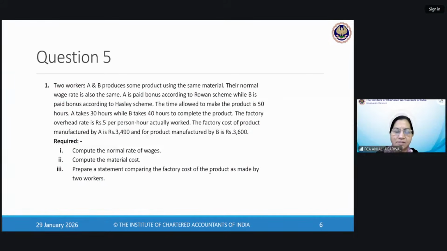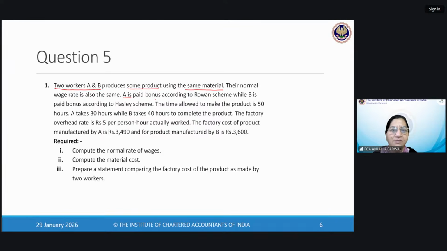So basis this question, Halsey and Rowan plan, you might get some questions here. Like let's look at this one. There are two workers, A and B. They produce some product using the same material. Both are making some output using the same material, and the wage rate, the rate at which they are paid, is also same.